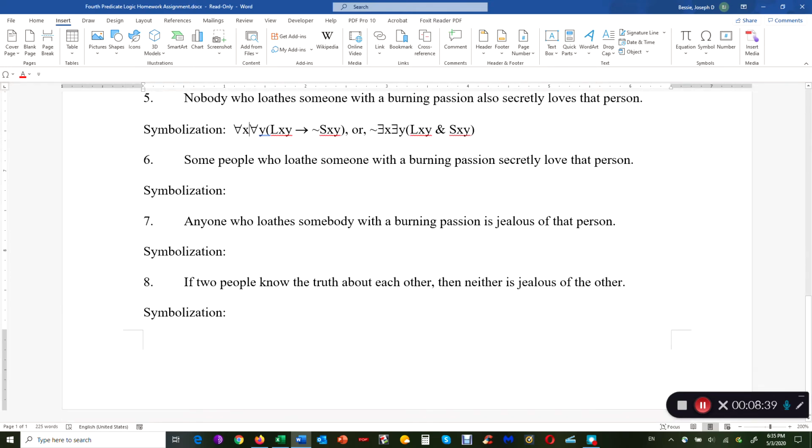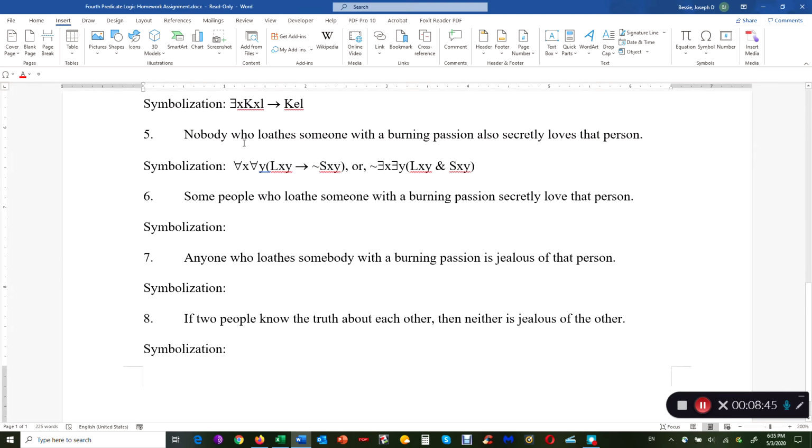Okay. Some people who loathe someone with a burning passion secretly love that person. Look at this, number 5 says, nobody who loathes someone with a burning passion also secretly loves that person. That's what this here says. This says it's not the case that someone loathes someone with a burning passion but secretly loves them.